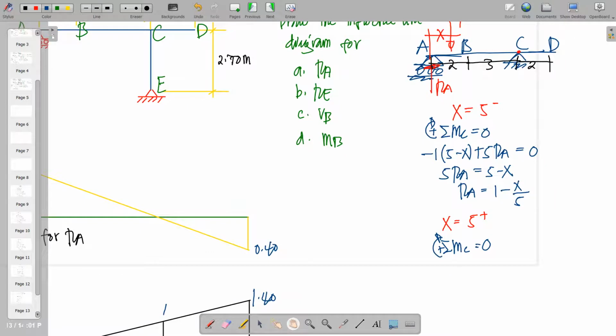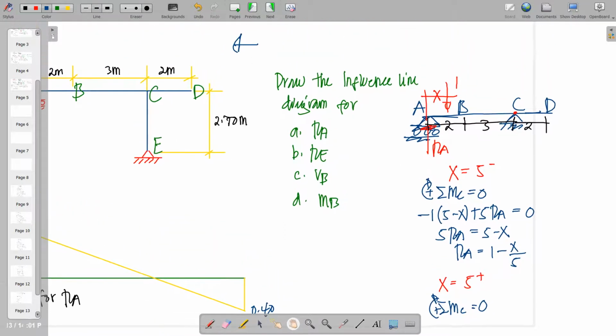So we take moments at C. This time, your x will now be on this portion. Sorry, your 1 will now be within that portion. So this is our x now. Okay. This is the unit load 1.